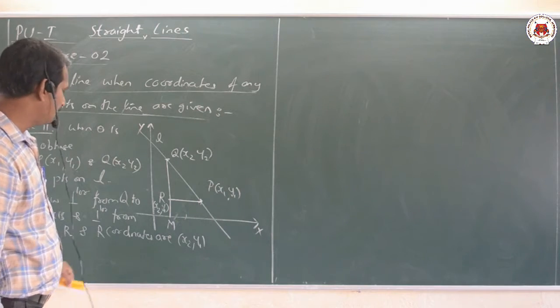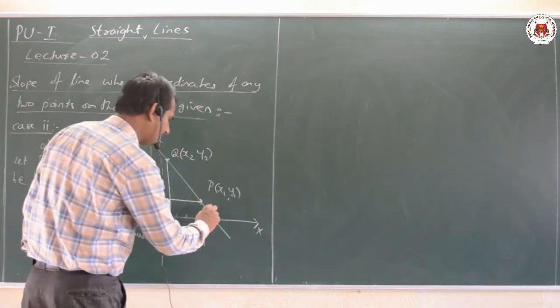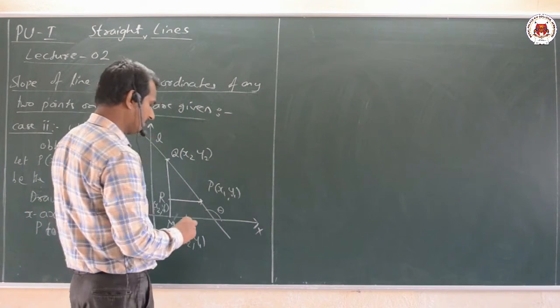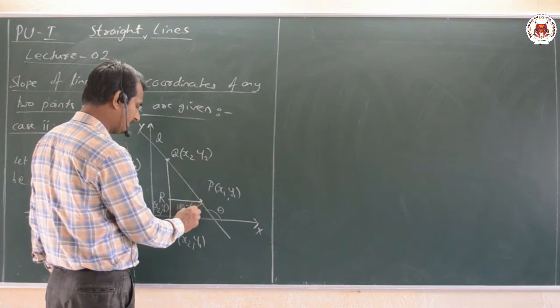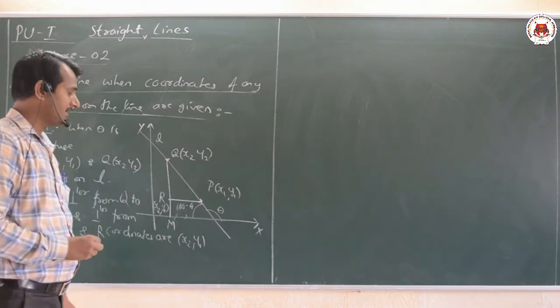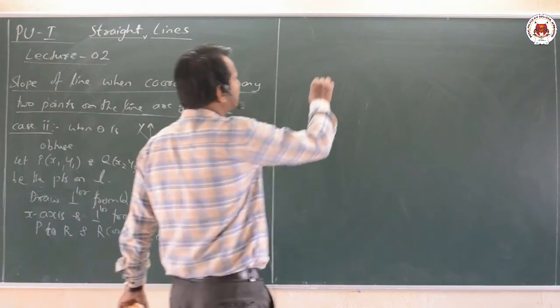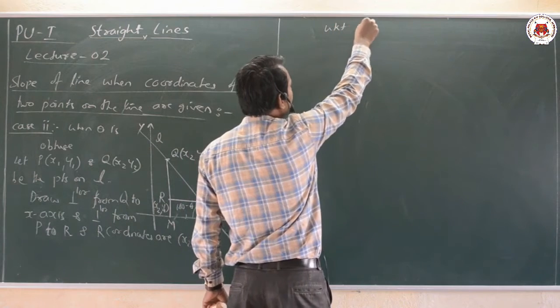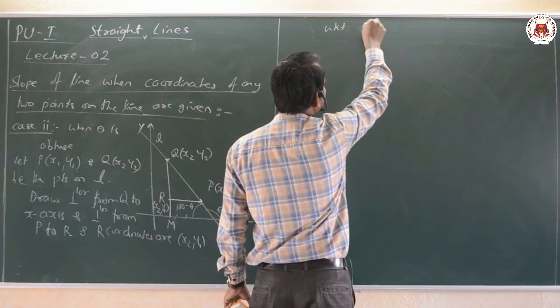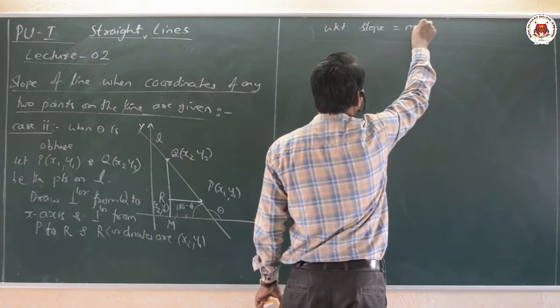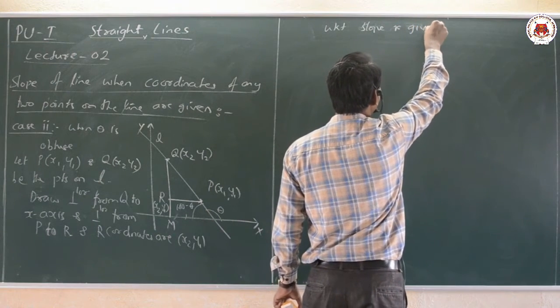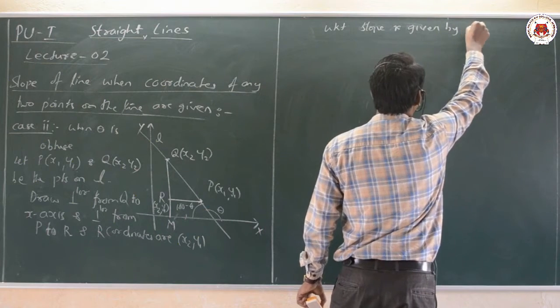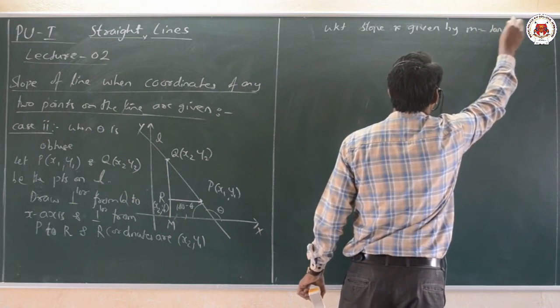Now dear students, we shall discuss the line here. Let us take an angle theta here. That means this particular angle is 180 minus theta. We know that the slope m is equal to tan theta.